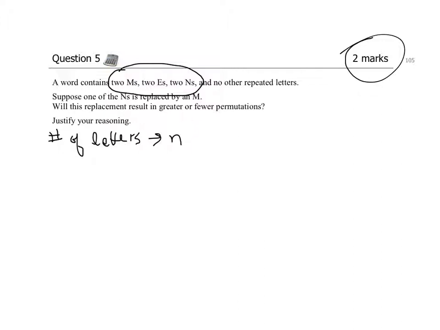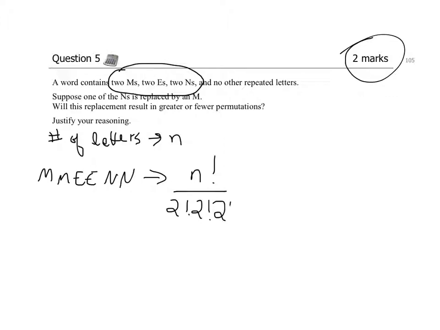So the first case, when we have MM, EE, and NN, we get N factorial on the top because that's the total number of letters. Then we divide by 2 factorial three times: the first 2 represents the M, the second 2 the E, and the last 2 the N, the repeats of each letter. So that's the first case.